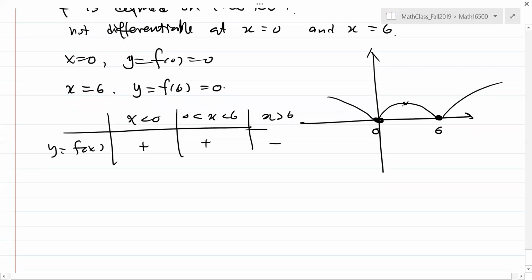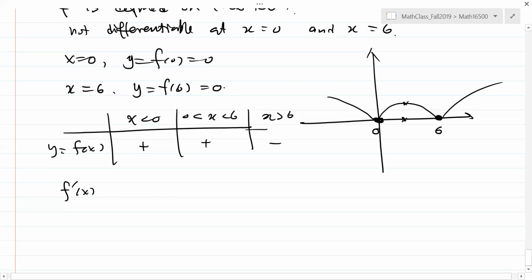So let's find the derivative. If we find the derivative, the function is differentiable on any of the 3 intervals. When you solve the equation, it becomes a little bit complicated. But if you know ahead of time that you will get one solution between 0 and 6, that will avoid mistakes.